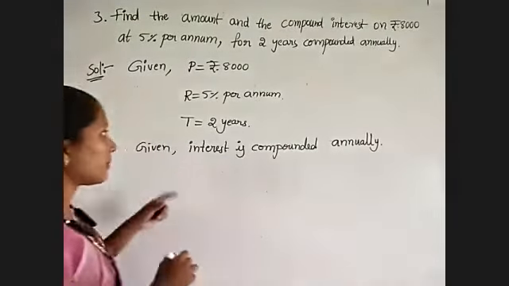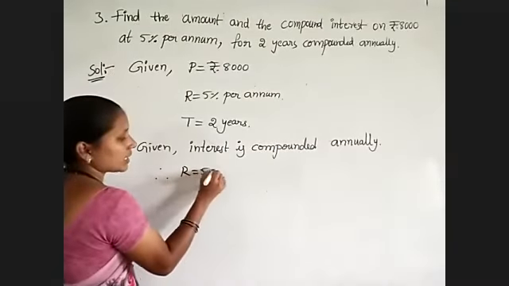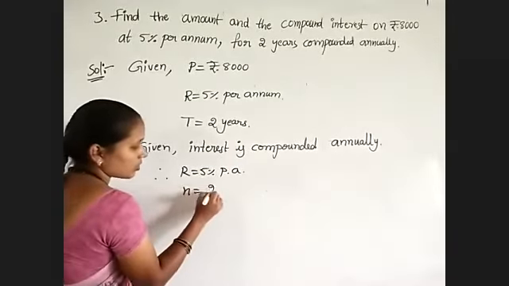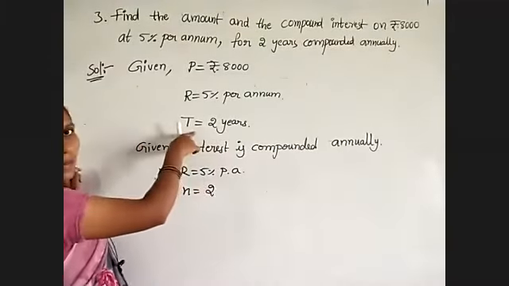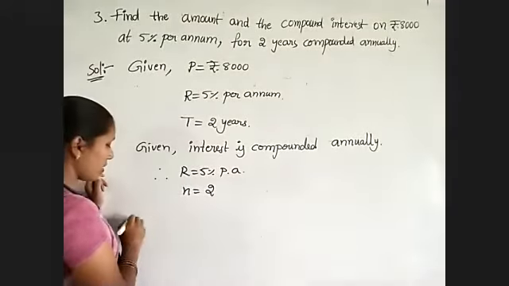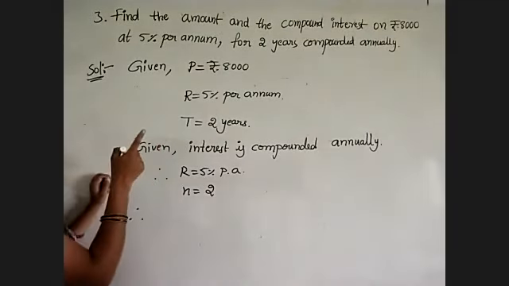That means R will be equal to 5% per annum and N will be equal to 2. So the number of time periods and the number of conversion periods are both equal. Therefore, we need to find the compound interest as well as the amount.